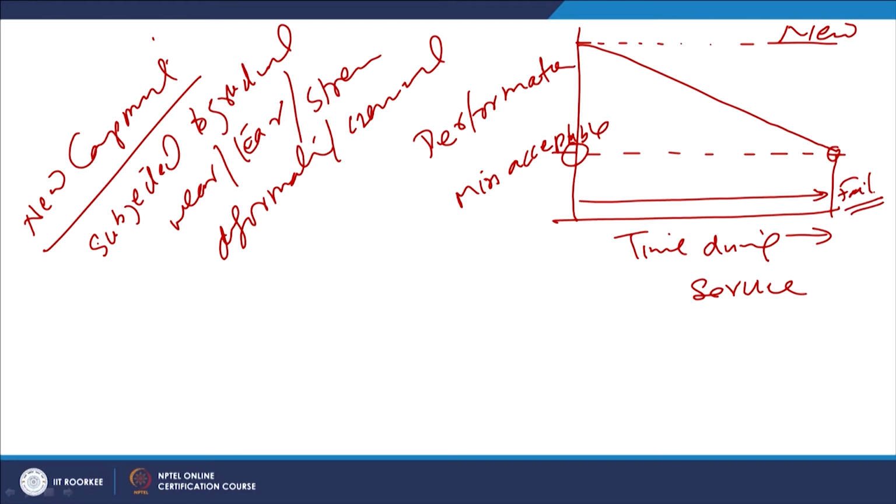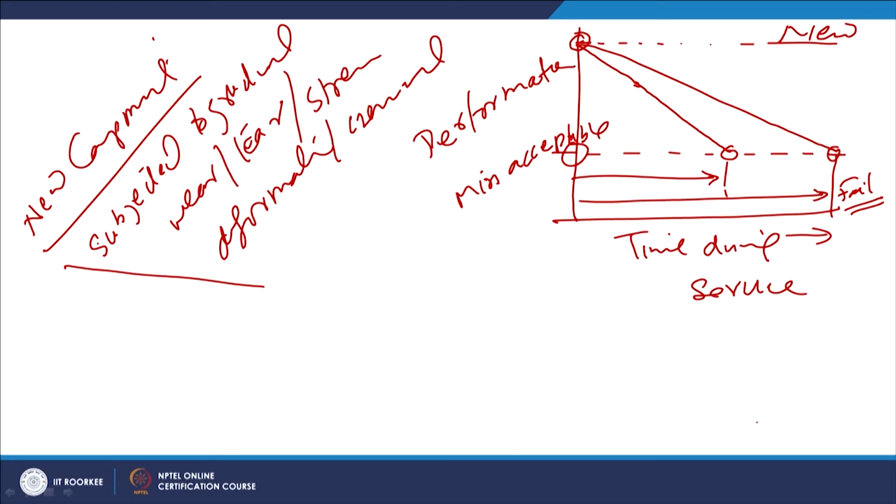And if the performance of the component under more severe conditions is degrading faster or more rapidly, then the reduction in performance may be like this, and in that case we will say that the component has failed much earlier under the more severe conditions. So, what we can see here is that when the component is new, its performance is at the peak, it delivers each and everything that is expected, but as soon as it is brought into use, as the component experiences various service conditions related to stress, temperature, gases, environment, etc., there is a continuous reduction in performance.